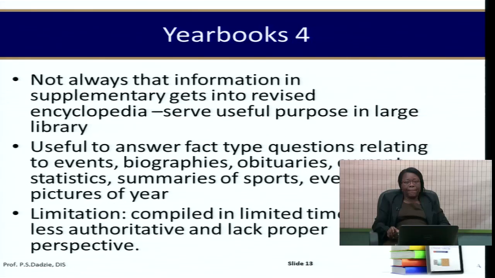So the yearbooks in the encyclopedia also bring out the summary of major events that took place in a particular year. And they give information, a comprehensive view of events or trends of events over a period of time in that supplement to the encyclopedia.